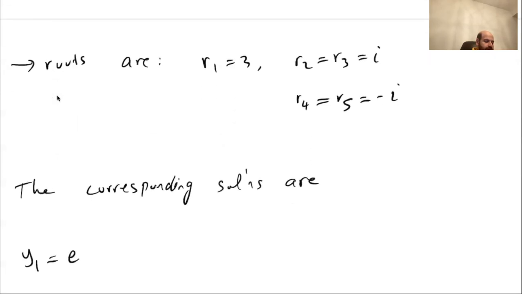y1 equals e to the power r1 x, which is e to the power 3x. This is what we covered in case 1: if you have a simple real root ri, then we simply consider e to the power ri x as the corresponding solution. And if you have alpha plus or minus i beta with multiplicity more than 1, that's what we covered in case 4.